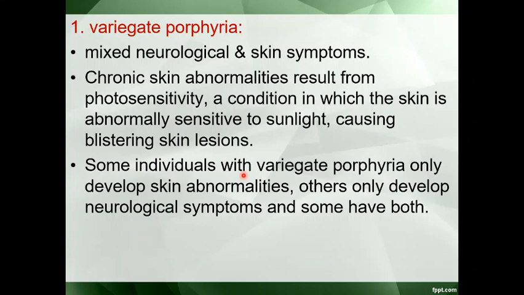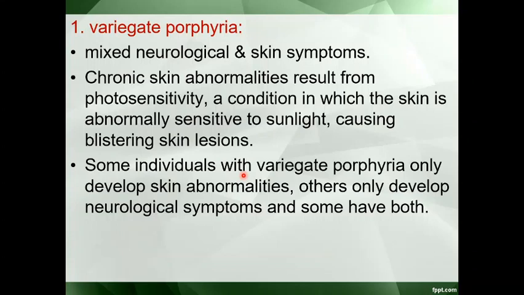Chronic skin abnormality results from photosensitivity, a condition in which skin is abnormally sensitive to sunlight, causing blistering skin lesions. Some individuals with variegate porphyria only develop skin abnormality, while others develop neurological symptoms, and some have both.